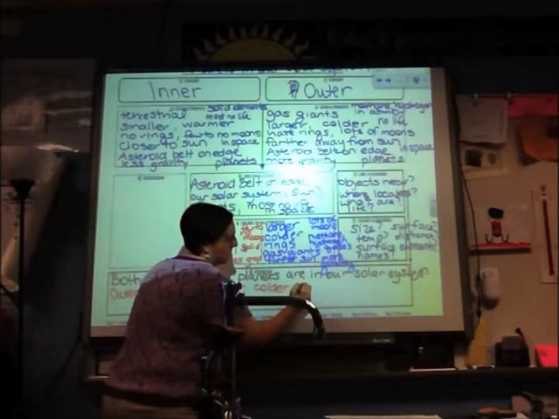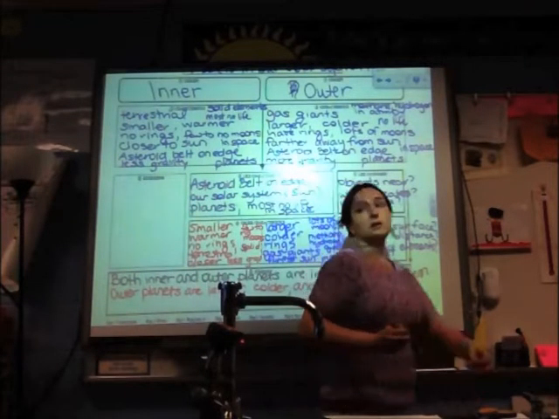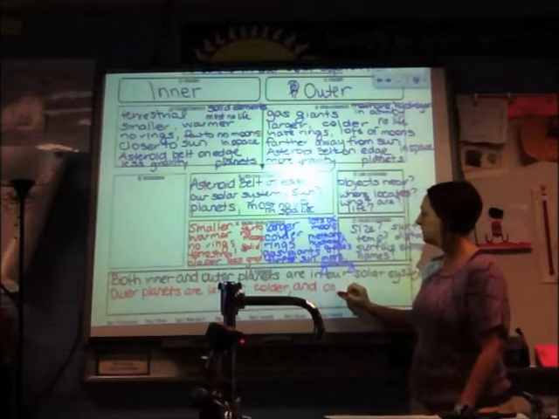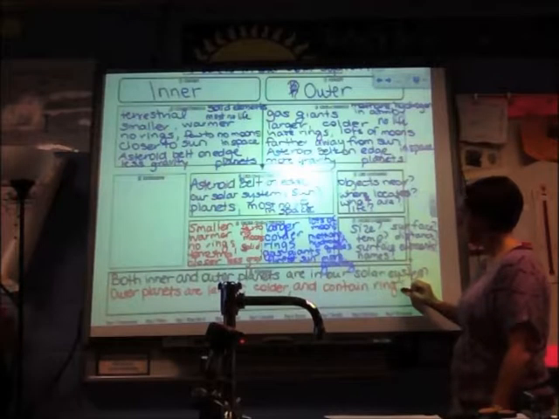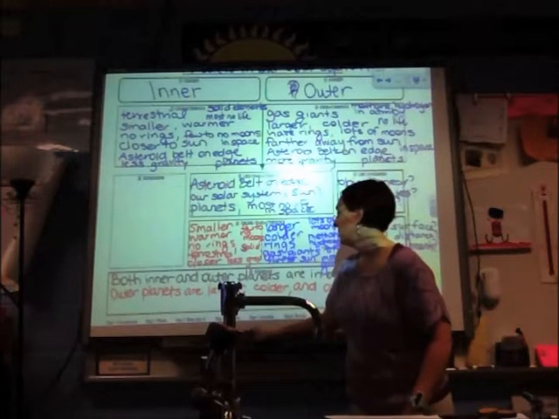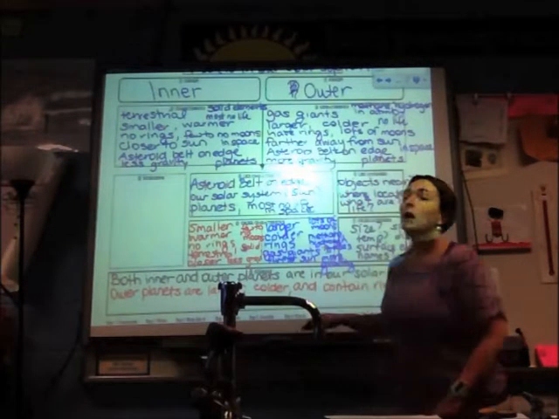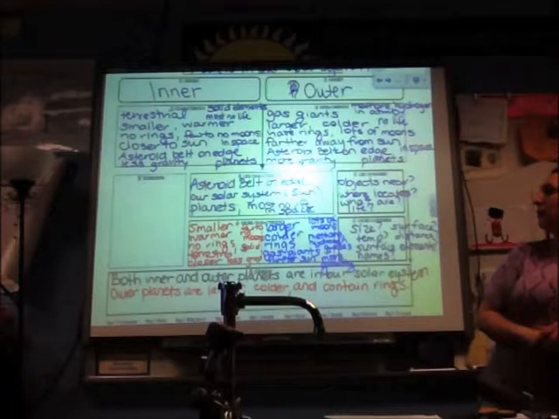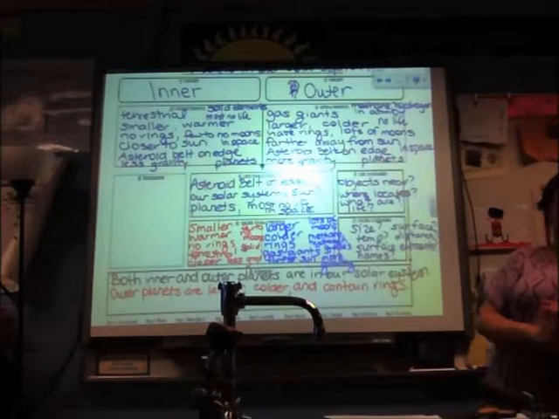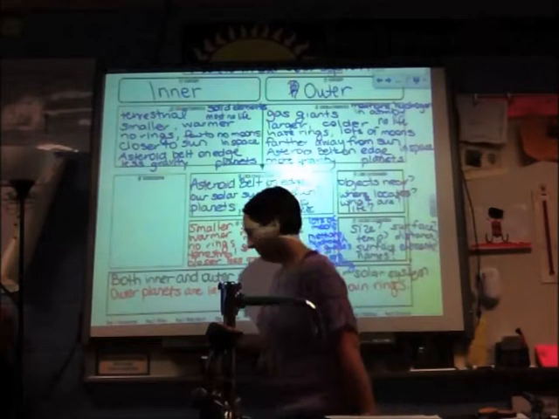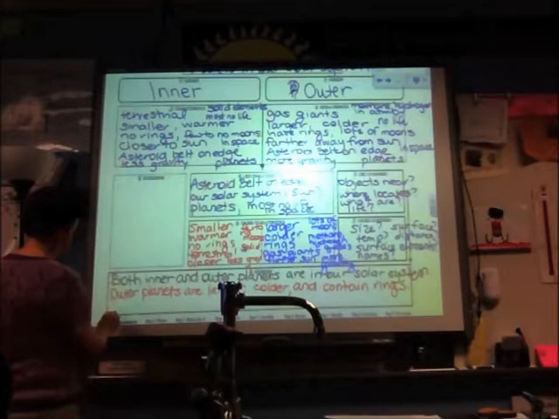And contain rings. Oh, I switched colors accidentally there. What about inner planets? What would be important to know about the inner planets? Zach? Inner planets are smaller, warmer, and do not contain rings.